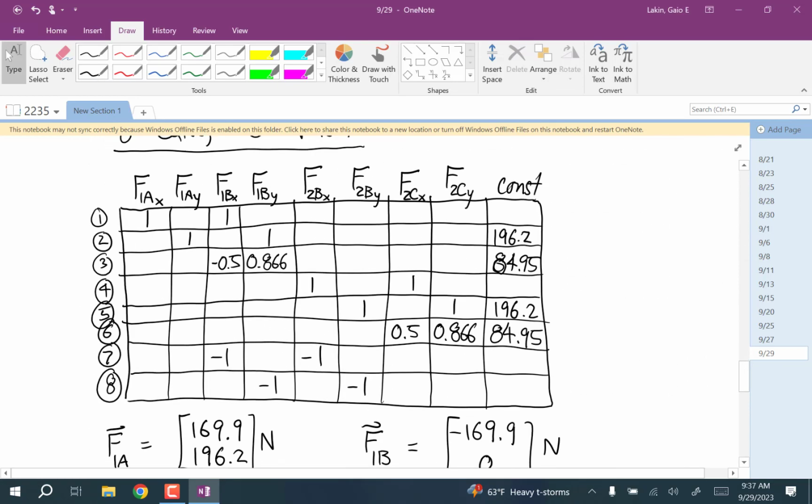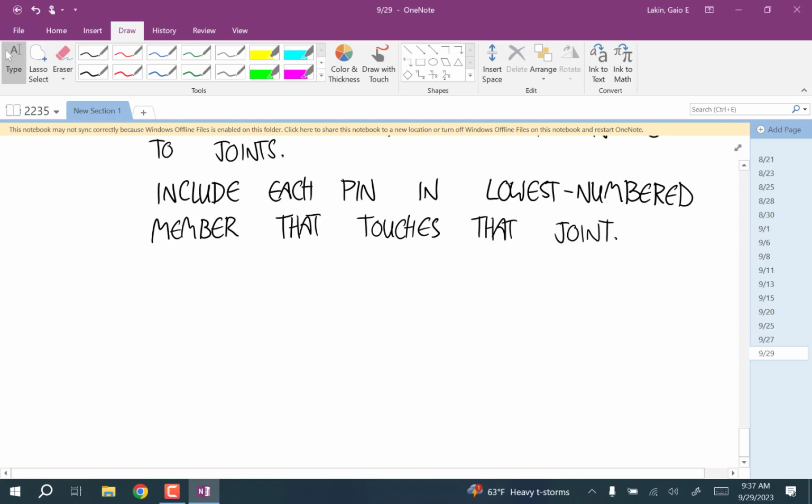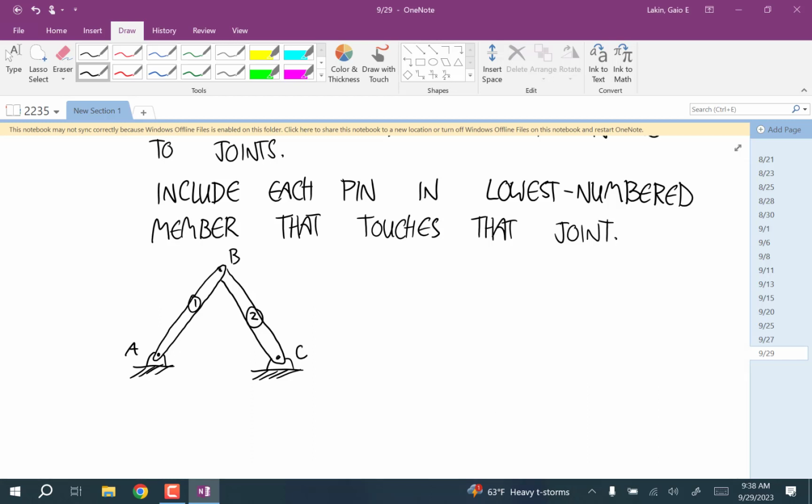Okay, so let's do that. So let's do this again. I'm going to call this member 1, this member 2, A, B, and C. I'm just doing the same problem again. And to visualize this, let's think of a side view of each of these pin connections.